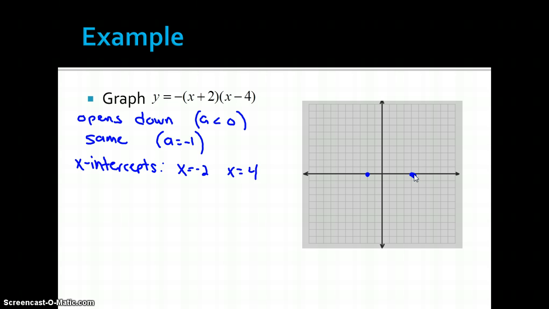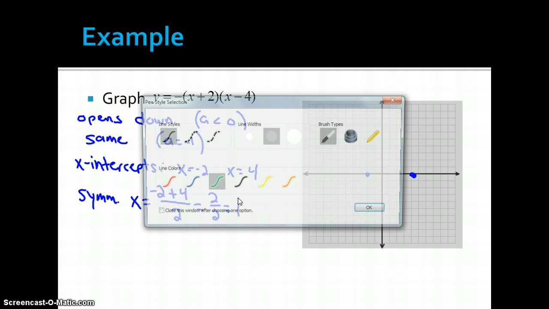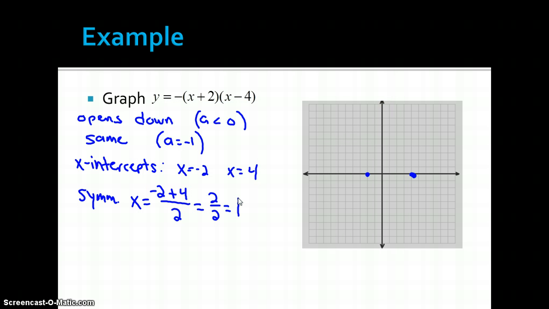We know that. Now, our axis of symmetry and our vertex are halfway between those. So let's just go with the axis of symmetry. x is going to be equal to, let's add these two together, and then divide by 2. -2 plus 4 is 2. We have 2 over 2, which is 1. So our axis of symmetry is the line x equals 1.